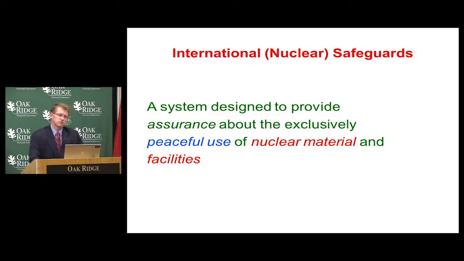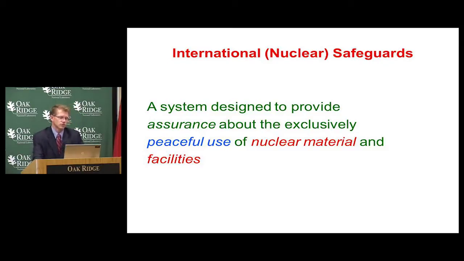Let's talk about international safeguards. And here it's implied nuclear, but I think it's important to emphasize for this class. We're talking about safeguarding nuclear materials inside nuclear facilities. So if we don't put that nuclear in the rest of the talk, understand that that's put there.